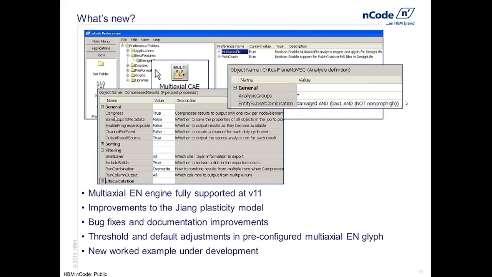And that's due to the fact that it's got more sophisticated plasticity and damage modeling. We've also tweaked the settings on this glyph for better performance in version 11. There's also a new worked example under development that will be available shortly that takes you through the capabilities of the engine.